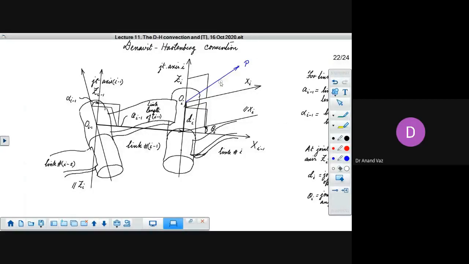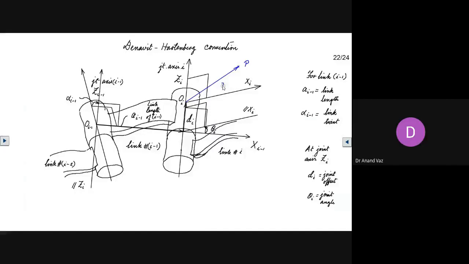So this is the position vector of the point P as observed by the observer here in the frame i.